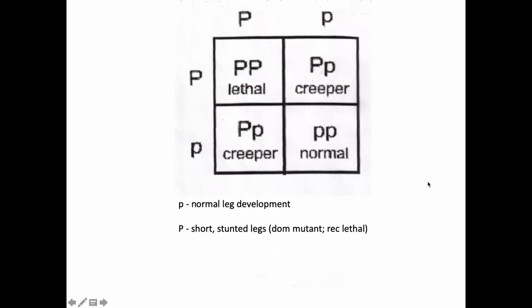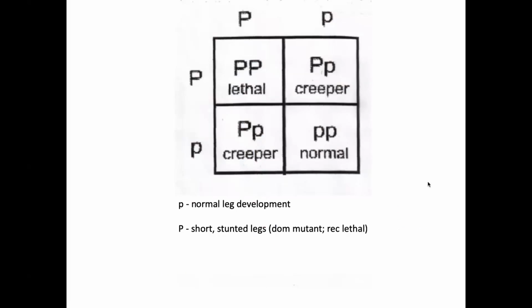So there are other examples of this: the pleiotropy, the recessive lethals, and the relative nature of these allelic relationships. This is another example in chickens. It's a gene, the P gene, that affects how the legs develop and form on the animal.